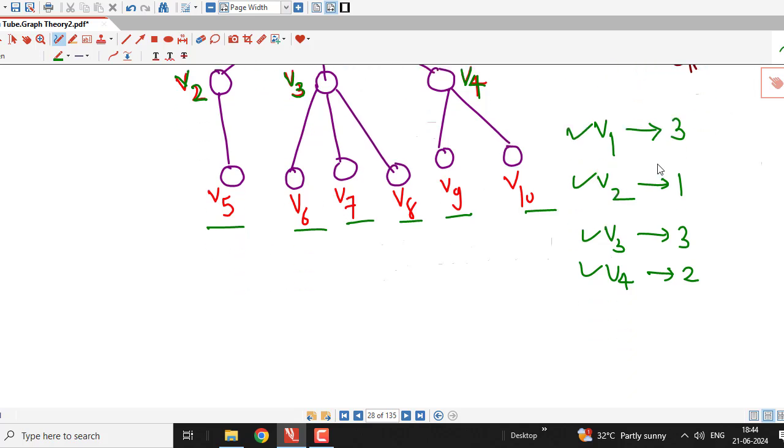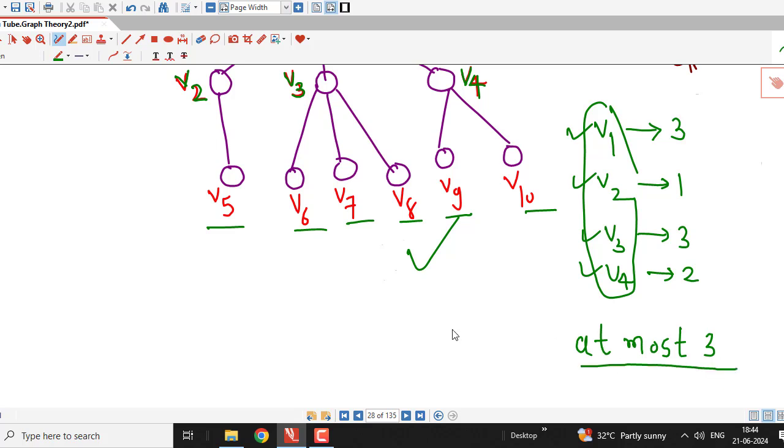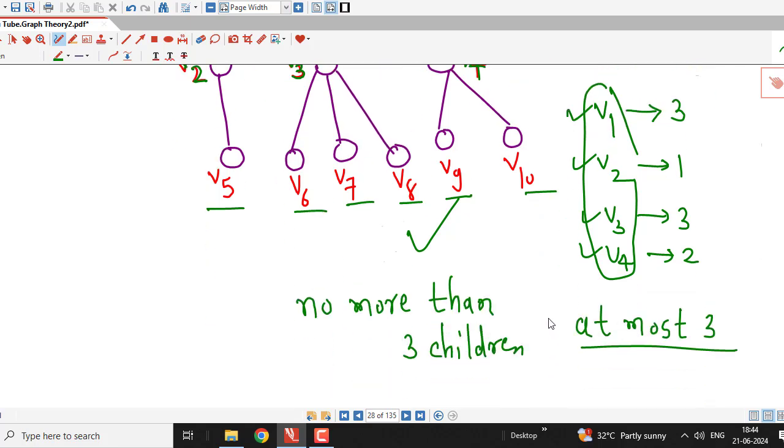Now we can observe that every internal vertex of this rooted tree has at most 3 children, or no more than 3 children.